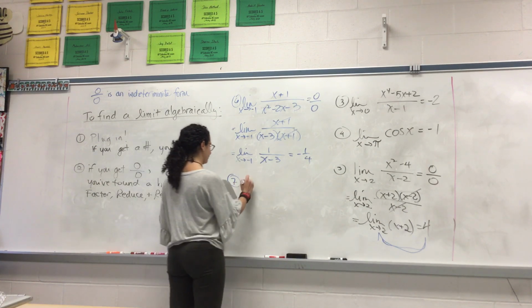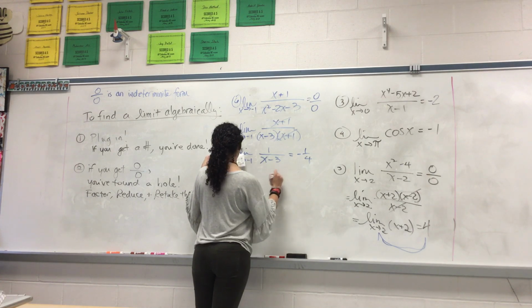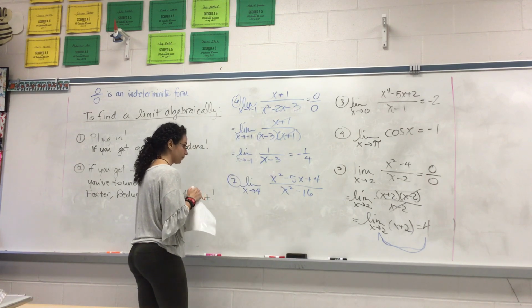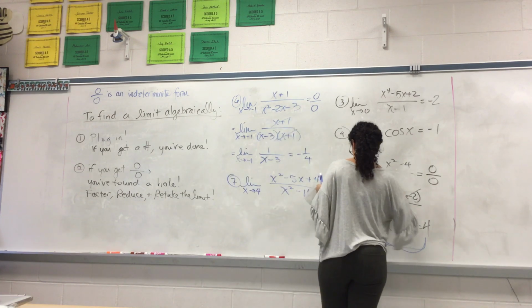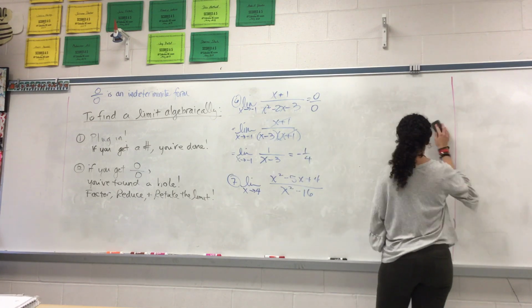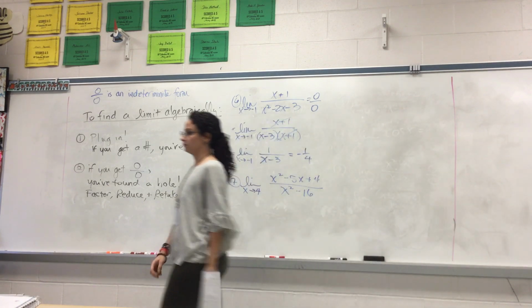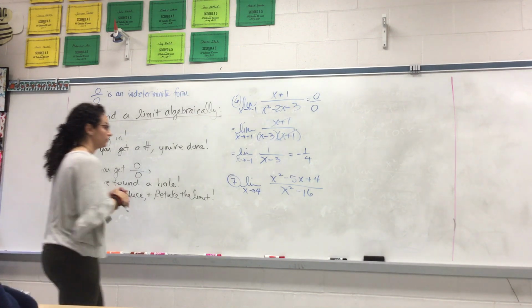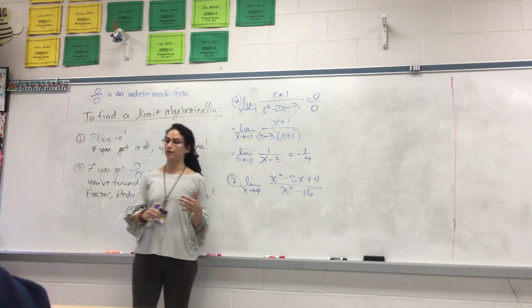Let's do the limit as x approaches 4 of (x squared minus 5x plus 4) over (x squared minus 16). Again, just because you've got a rational function does not mean you're in a 0 over 0 situation.